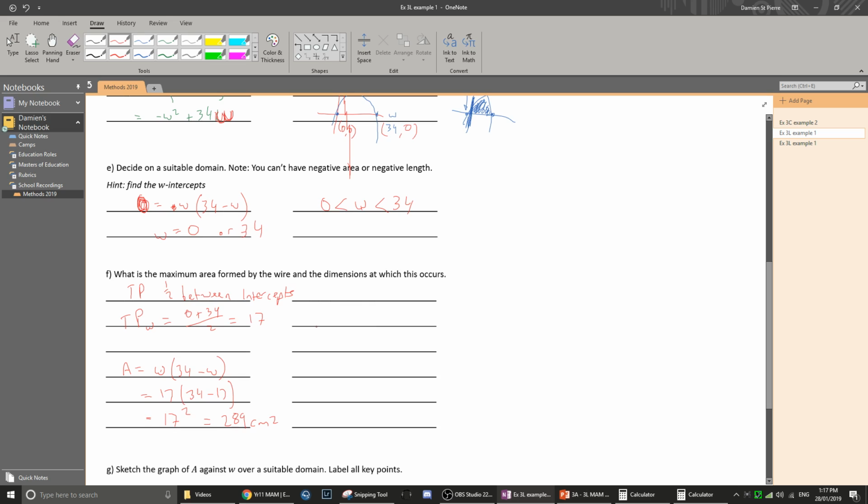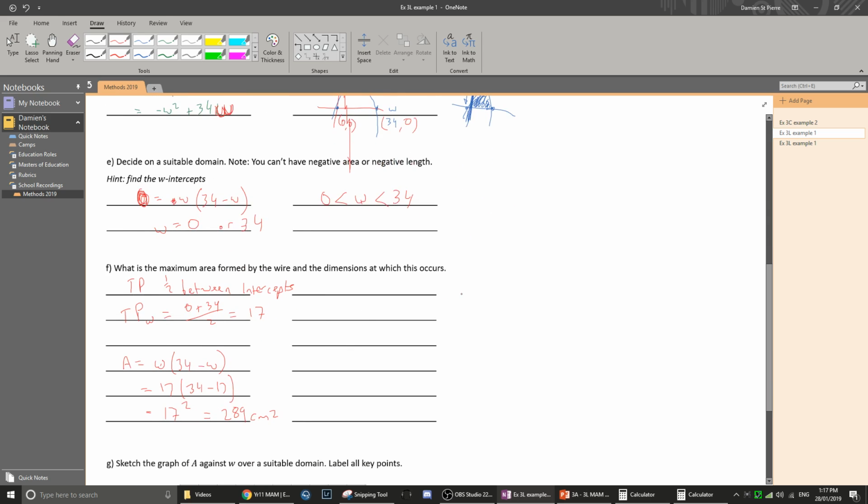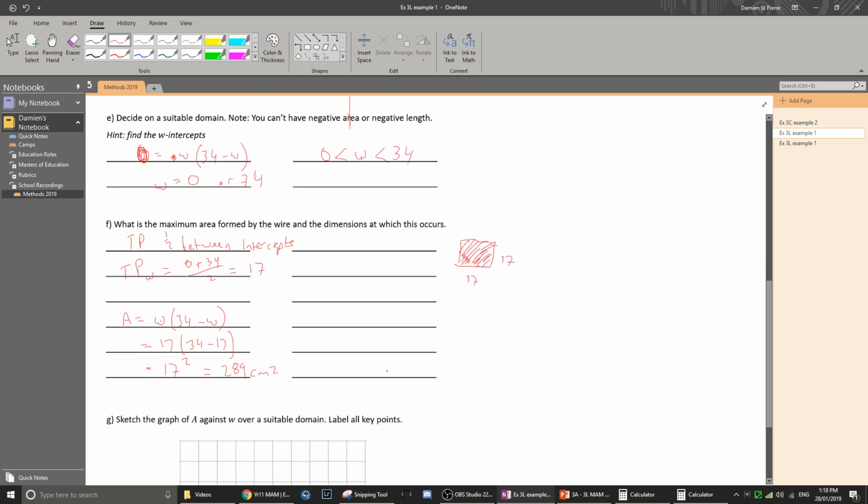If we go back up and put 17 in to find our length, 34 minus 17 is 17. So the biggest shape we can make is 17 by 17. That's actually true for any shape: if you have a fixed perimeter, the way to generate the greatest area is always to make it a square, always.